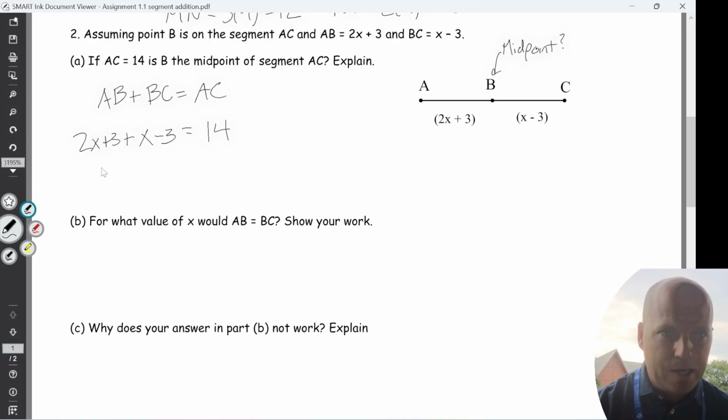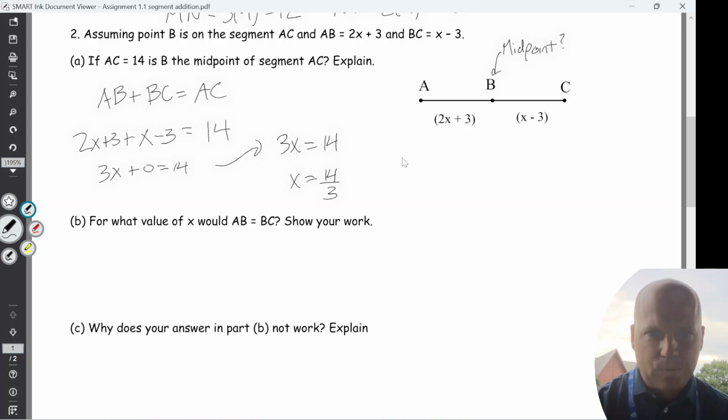Same side, combine. 2x plus x is 3x. 3 minus 3 is 0. We have the equation 3x equals 14. X equals 14 thirds.